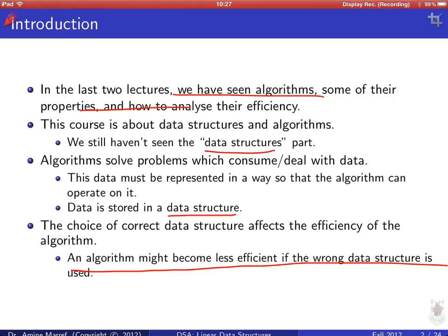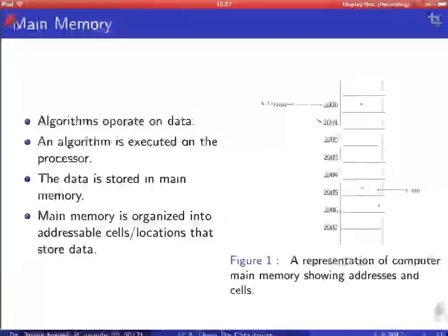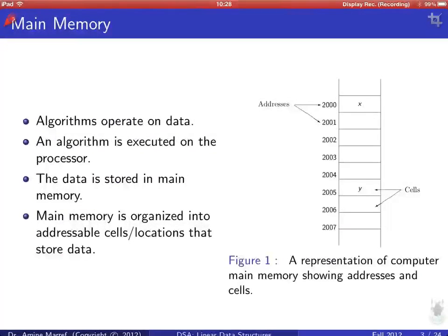When we say an array, we mean that there is a piece of main memory in which we are storing all the elements. If 10 is next to 1 here, the first cell contains the value 10, the second cell contains the value 1, and the third cell contains the value 5. In main memory, it's going to be 10, and then 1, and then 5.